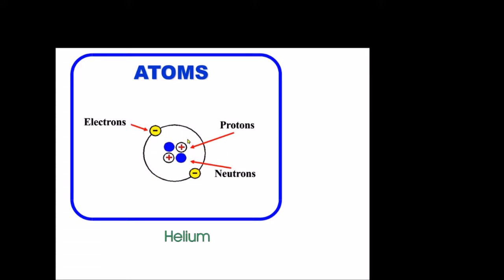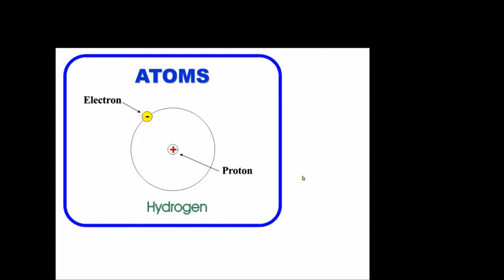We have protons and we have neutrons. Notice we have an equal number of protons and neutrons, and an equal number of electrons. Now here's your simplest atom, which is hydrogen, which only has one electron and one proton.